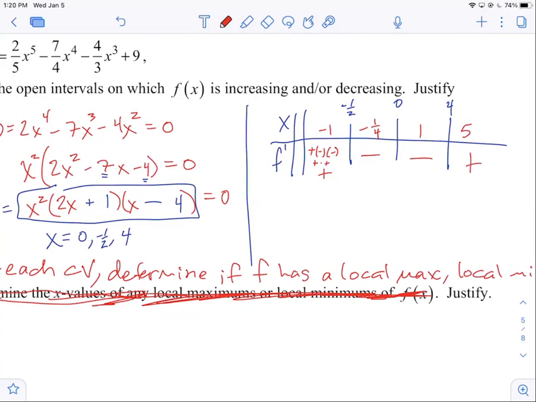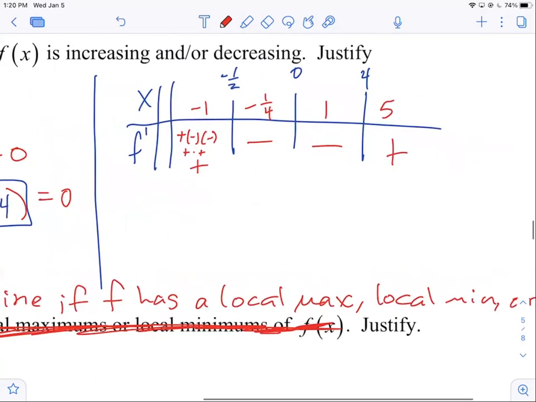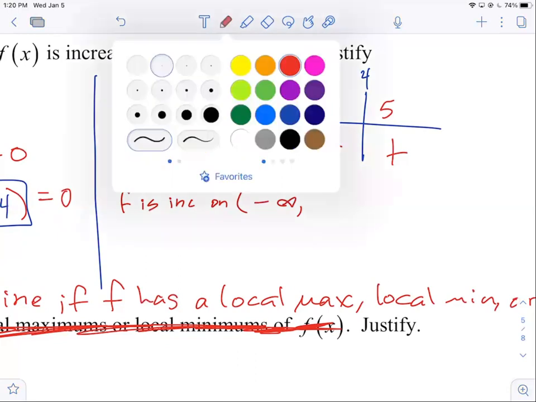All right. So now if we're going to ask where f is increasing and decreasing, we have the intervals here. We'll say f is increasing on the interval from -∞ up to where? -1/2. See where you can look back and see the -1 there, and it's tempting to use the -1.